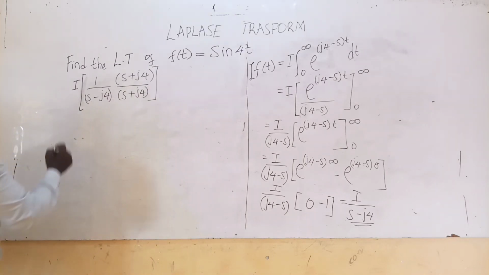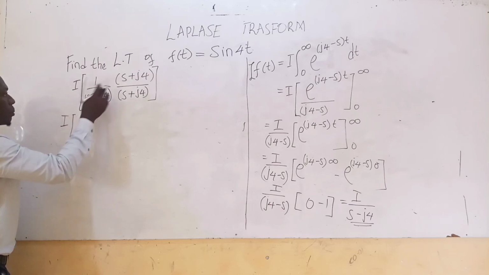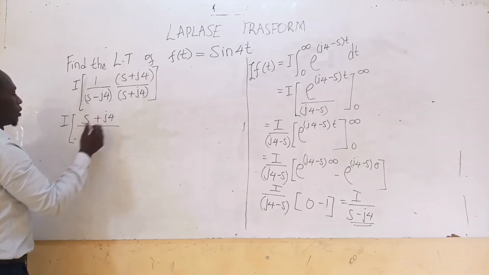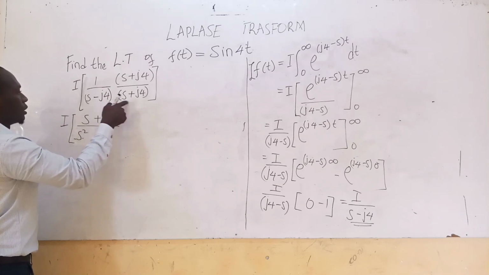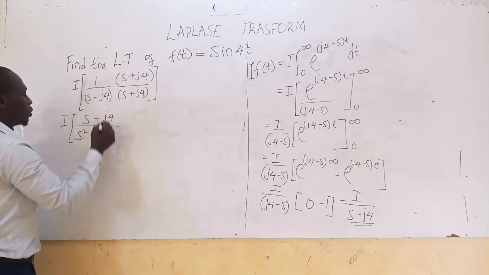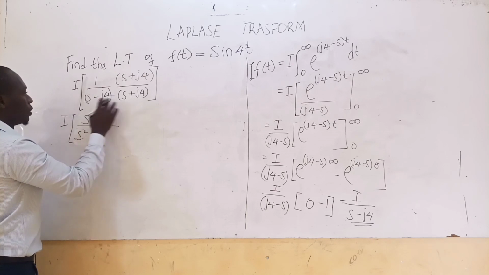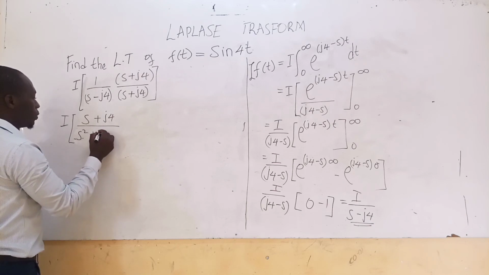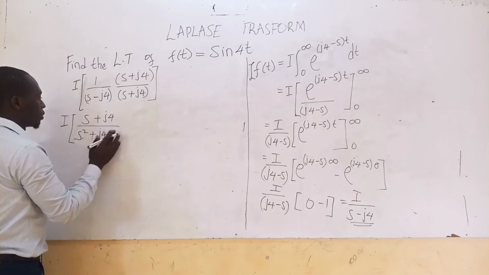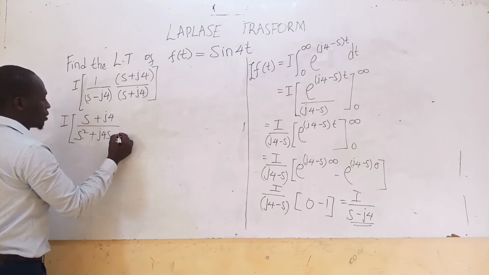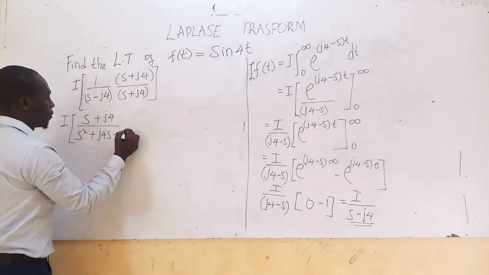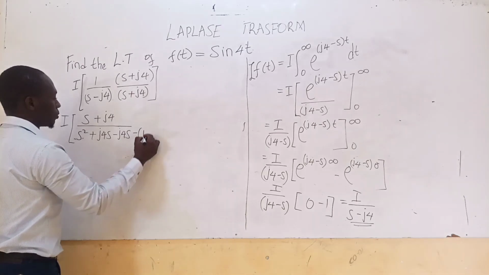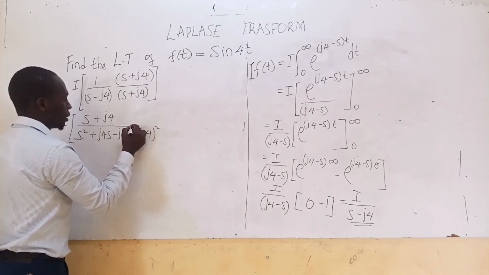Now let us work out what we have here. We have s plus j a over, in the denominator, s squared. When we multiply, we add 2 j a s, we subtract j a s, and this one multiplied by this one gives negative j a squared.